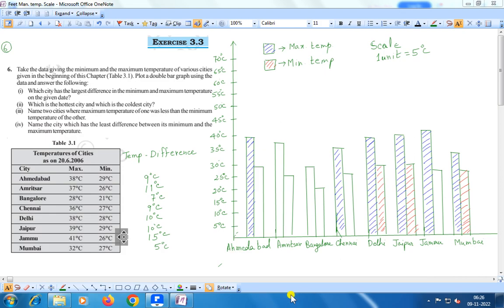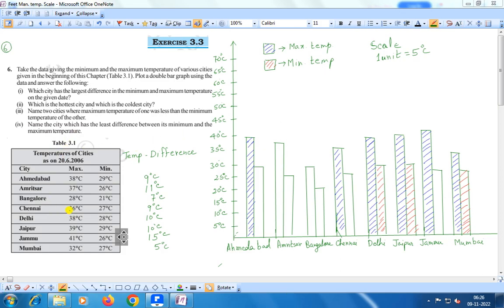Right? The bar shaded in blue color is the maximum temperature, and the bar shaded in red is the minimum temperature.